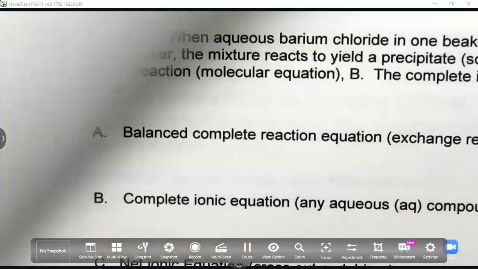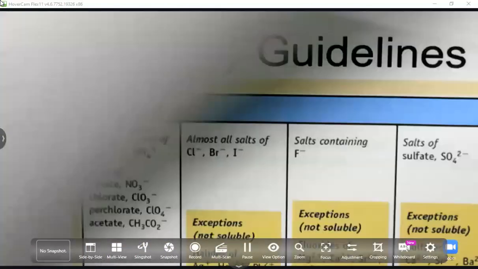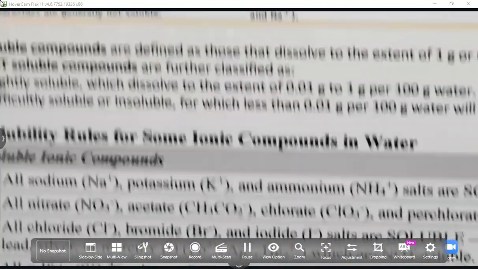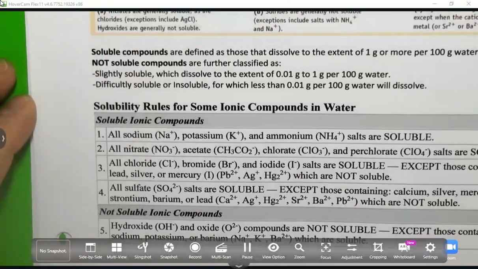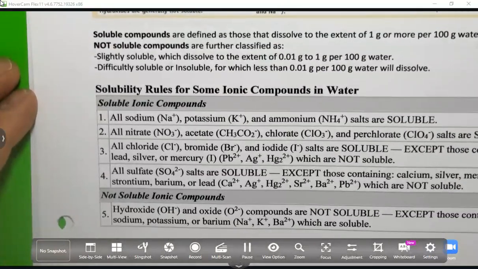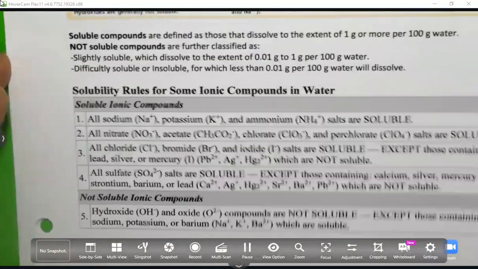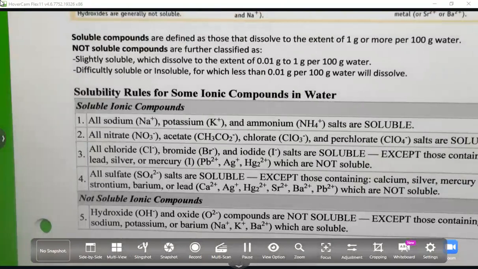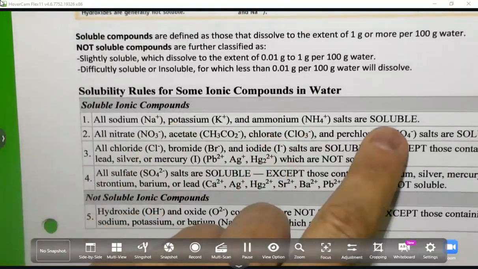we have a table in the book that looks like this on page 9. So on page 9, all sodium, potassium, ammonium salts are soluble.